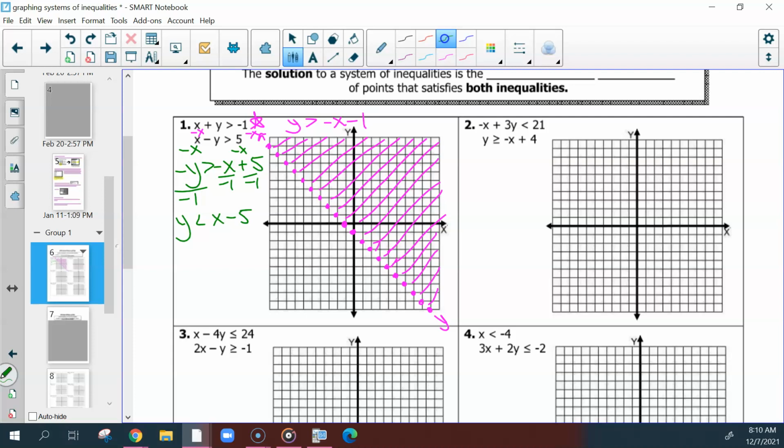Our y-intercept is now going to be at negative 5. Our slope is positive, so it should be going this way. Up 1, right 1 as many times as possible. And then down 1, left 1 as many times as possible.